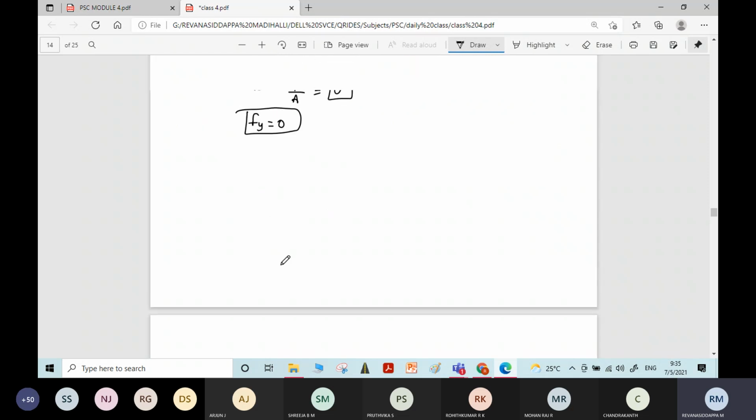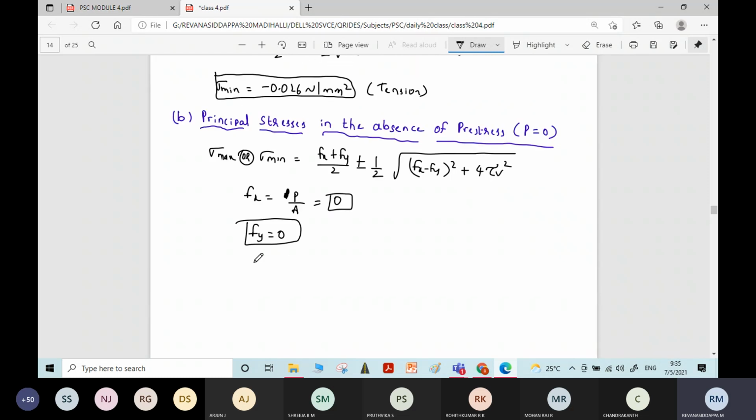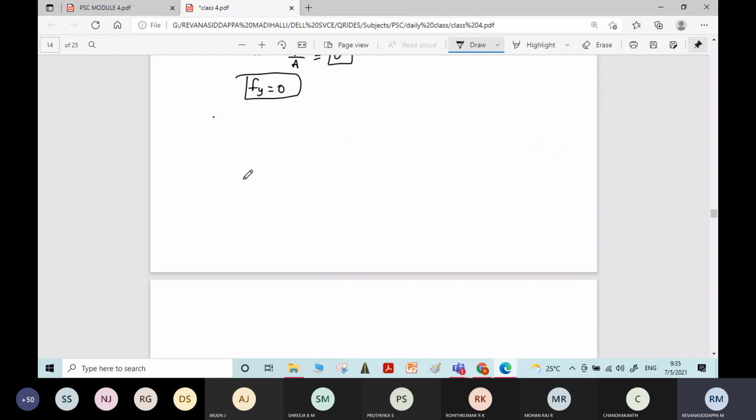And tau v, shear stress, again you write the formula and perform the calculation. Tau v shear stress is equal to Vu into Ay bar divided by Ib.